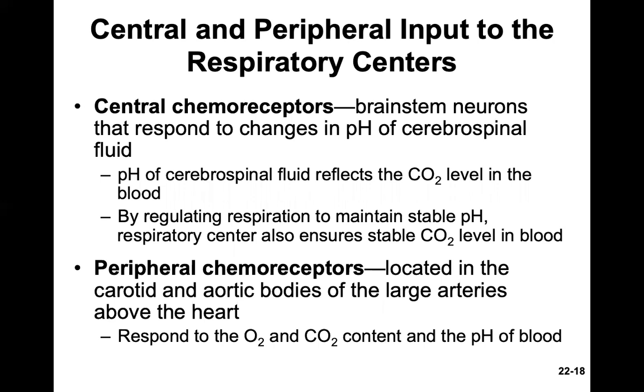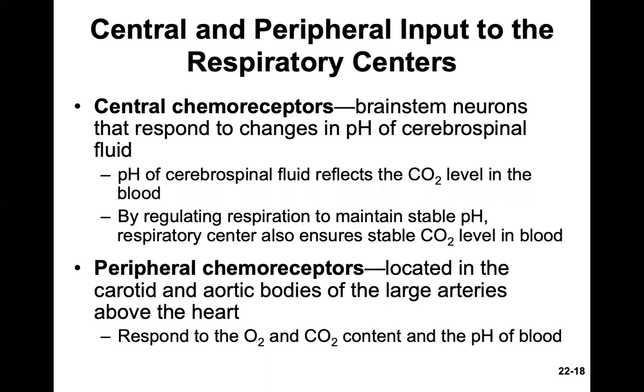Central chemoreceptors. So your central chemoreceptors are the receptors in your brain stem that respond to changes in the pH of the cerebrospinal fluid. So the fluid that surrounds your brain and your spinal cord. The pH of the cerebrospinal fluid reflects the carbon dioxide levels of the blood. And by regulating your respiration, you can again maintain that stable pH.